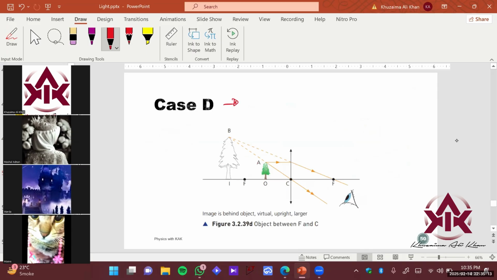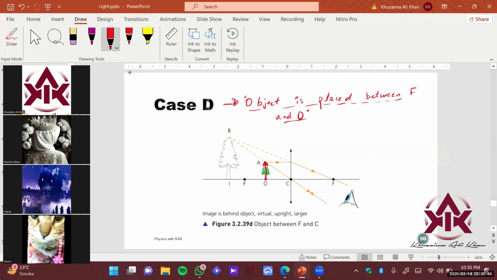Okay, so the last case for image formation is when an object is placed between the principal focus and the optical center. Now this is an interesting case. Again, you can draw a vector of the object and two lines.